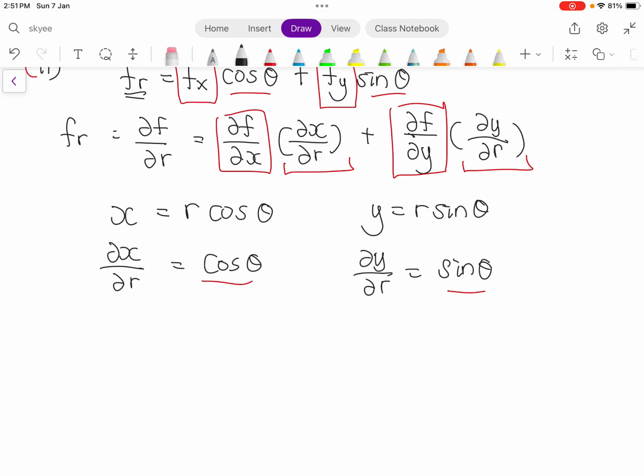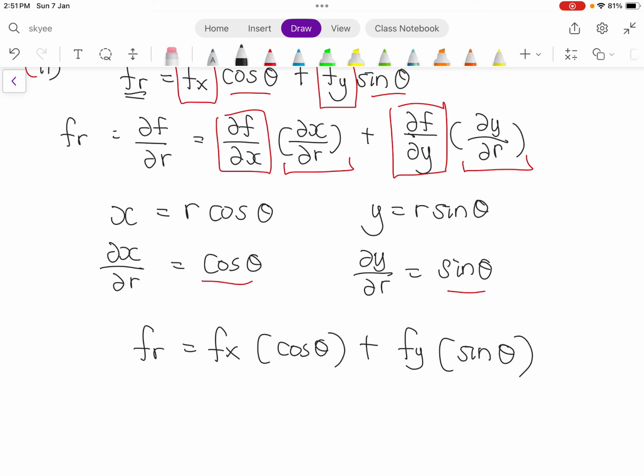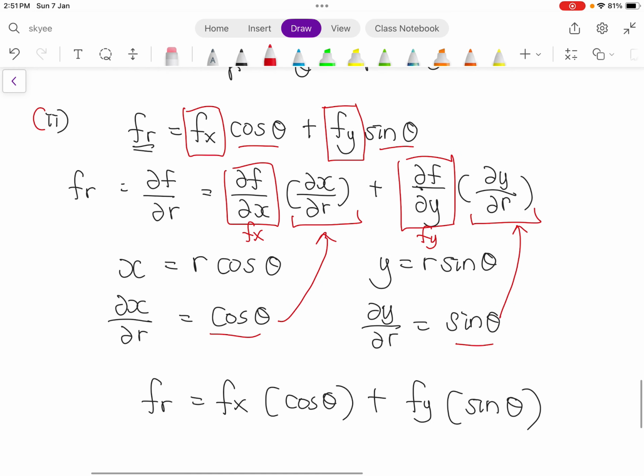So you can write that one more time: f_r is equal to f_x multiplied by cos theta, plus f_y sin theta. Because this one is f_x and this is f_y, this one can be put here and this one here. Alright, so this is about question number 1.